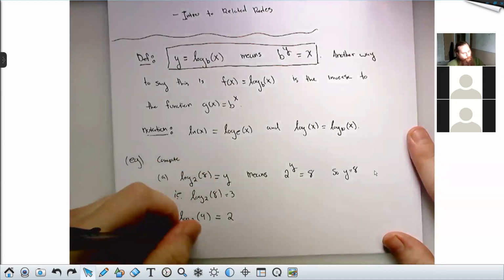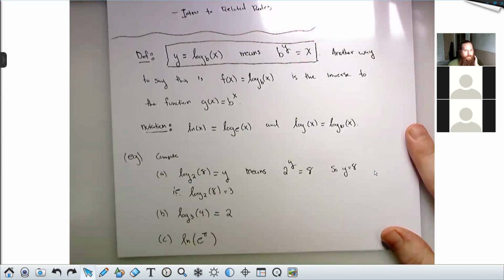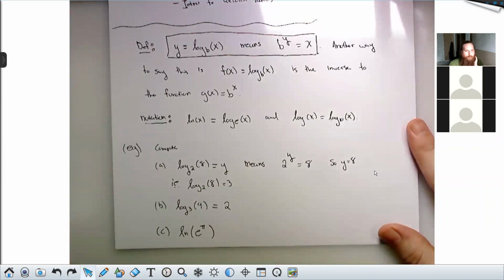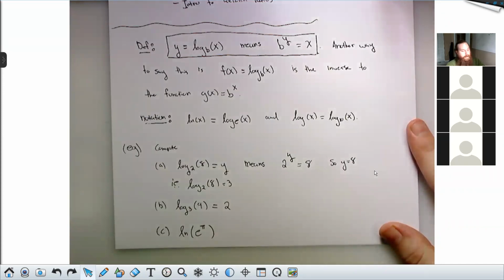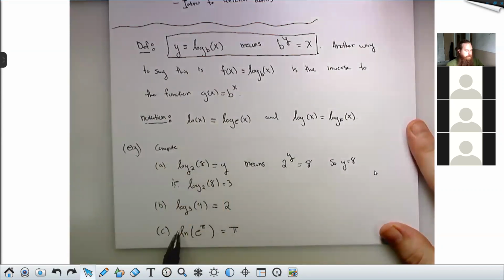Let's try a few more. What's the natural log of e to the pi? Pi. Good, this is pi. Because remember here, ln is the same as the base e log.